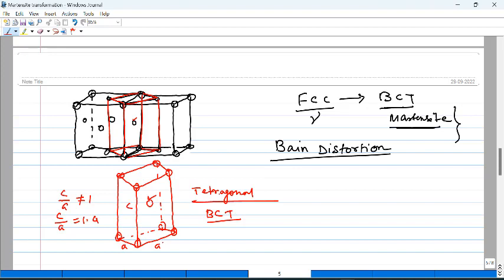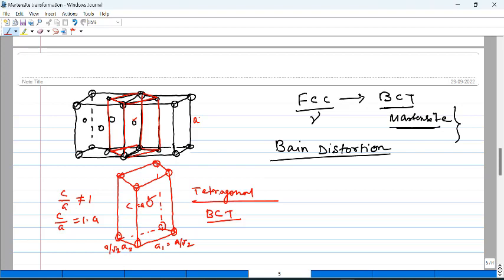Because we know these two sides that you have, A1 and A2, are basically A by root 2, and C we know is equal to A, where A is the lattice parameter for the FCC unit cell. So C by A, you can then calculate, will come out to be 1.4.